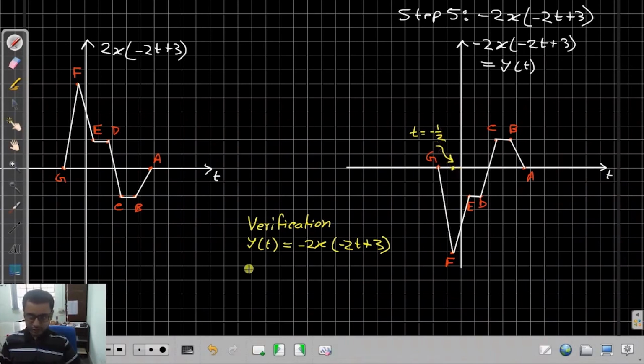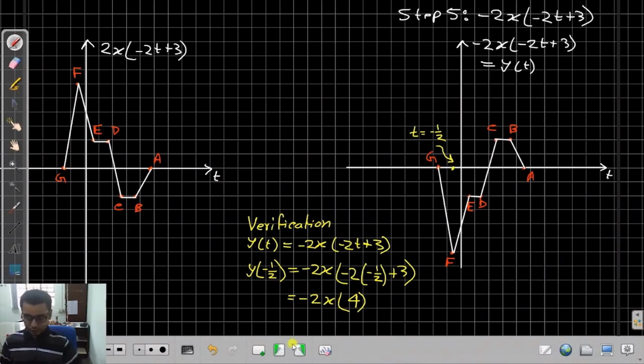At this point, what is the value of y? y of minus half should be equal to minus 2x of, here 2 into minus half, plus 3. Okay, and this is same as minus 2x of, inside it will be 1 plus 3, equal to 4. So the value of x of 4 will determine the value of y at this point.